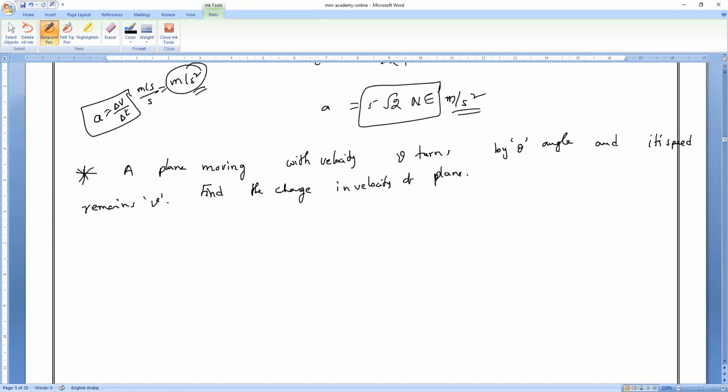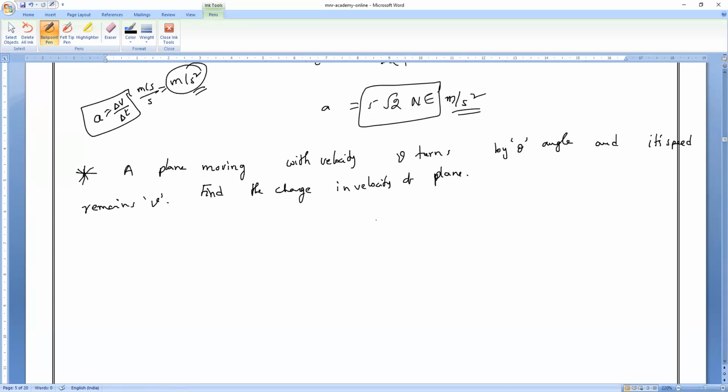As we all know, magnitude only, no need to change for change in velocity. What else can change? Velocity is a vector quantity or scalar quantity? Everybody, velocity is a vector quantity. So to change the velocity, you need not change only the magnitude. You can change the direction also. If the direction changes and the magnitude remains the same, is it the same velocity or a different velocity?